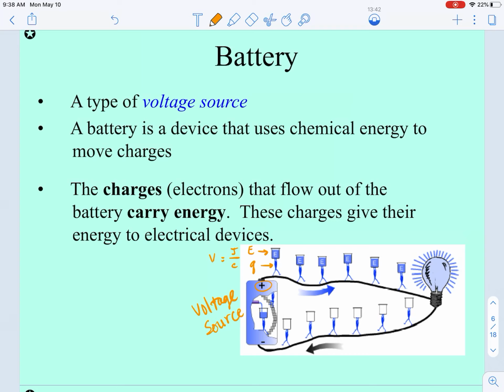And then we have our men, which represent our coulombs, our bundles of charge, that are going to be responsible for carrying that energy throughout our circuit. So we have full cups of energy for the men coming out of the positive end, or the high voltage end of our battery, and then they are traveling down the wire.